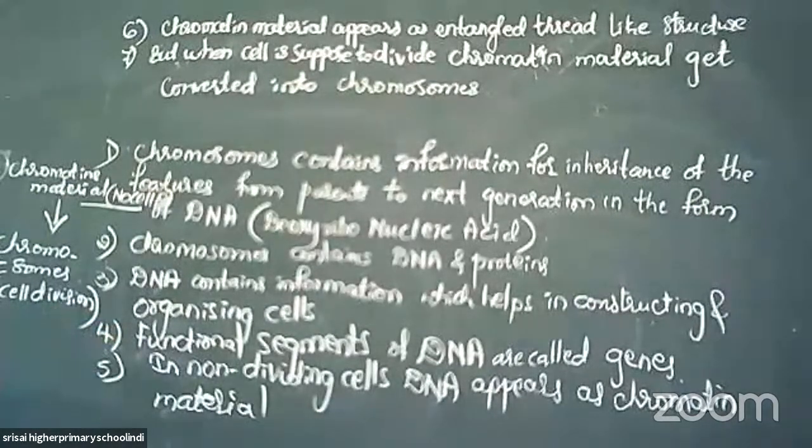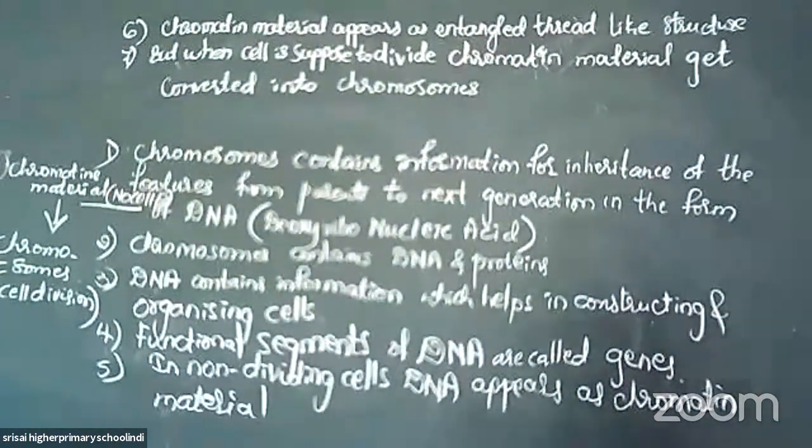So anybody, any doubt about the functions of the chromosomes? No, ma'am. Is it clear? So how do the chromosomes look? Rod-like structure. Very good. They look like a rod-shaped structure. What are they going to transfer?